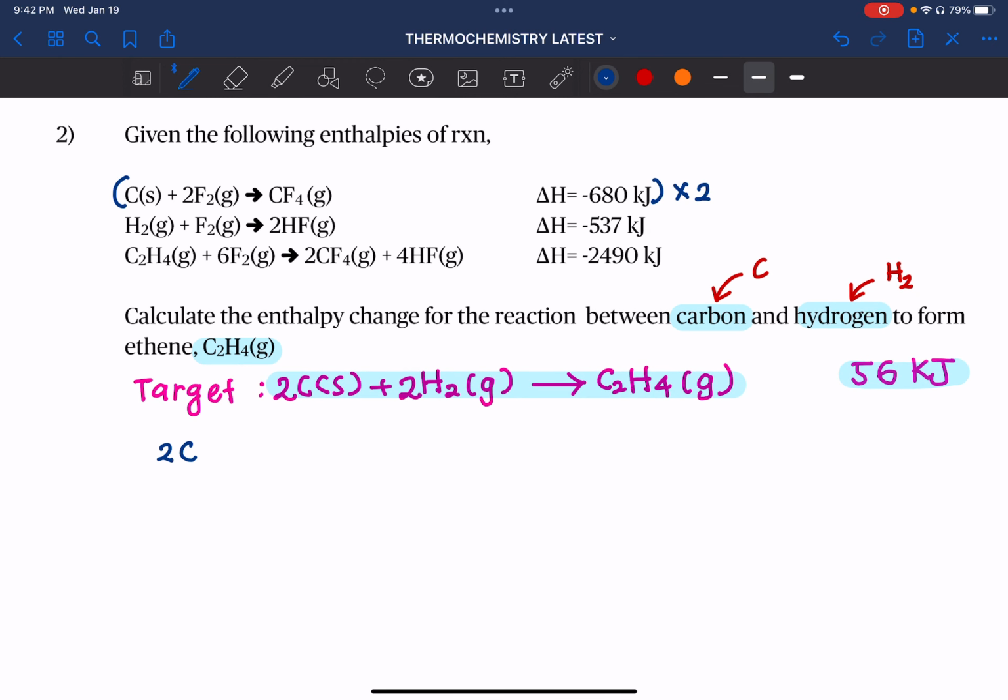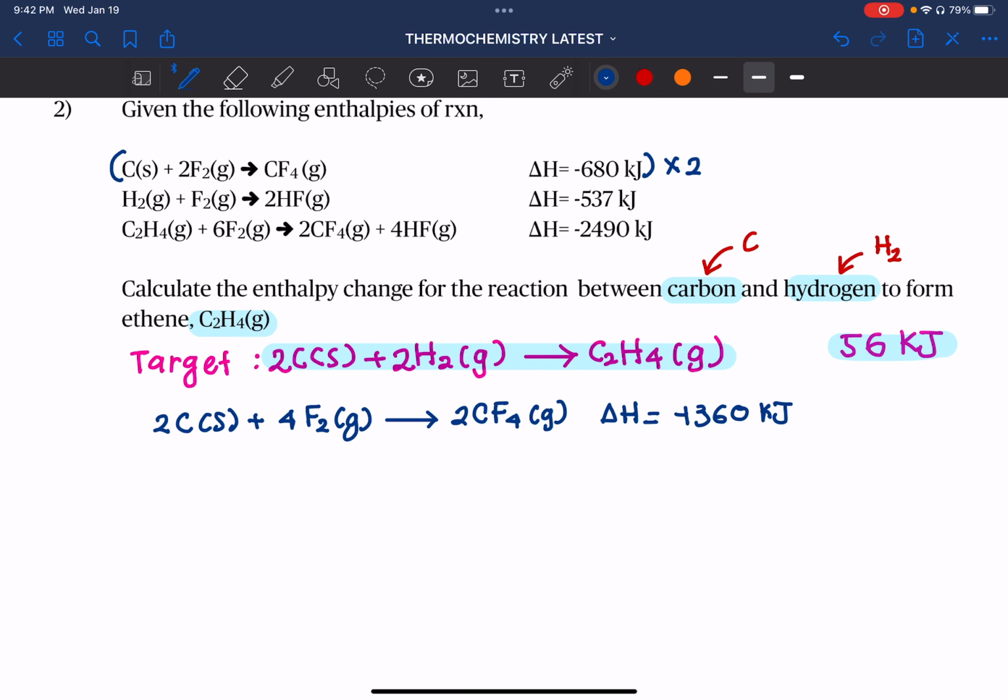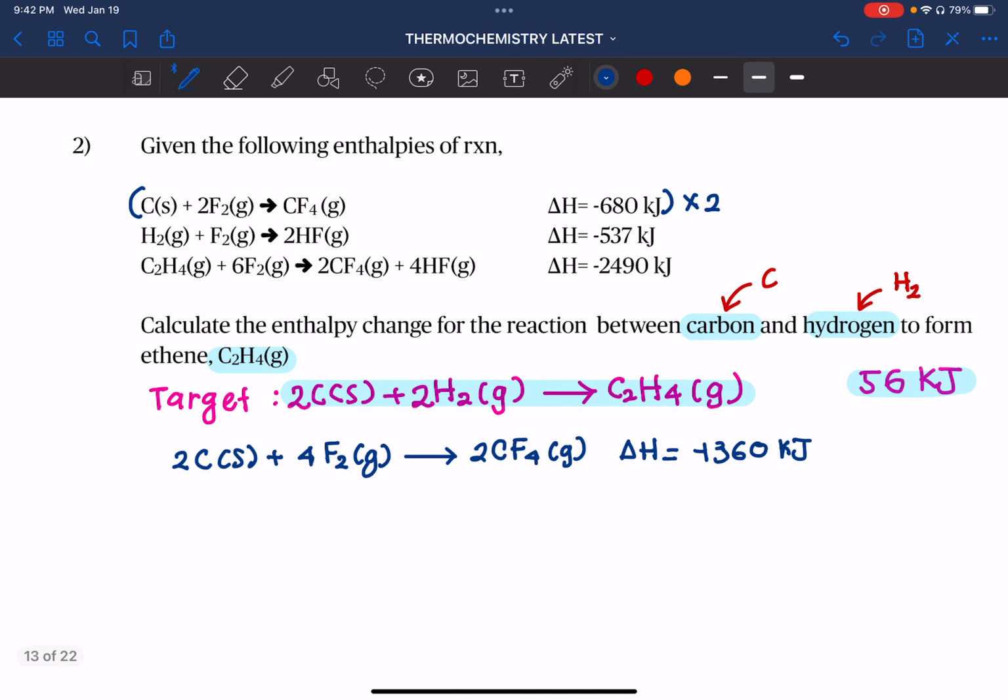So 2 carbon plus 4 fluorine gas produce 2CF4 gas. Don't forget enthalpy tu kena double lah, negative 1360. Okay, that's the enthalpy. Kita darab 2. Okay, our next target is hydrogen gas.